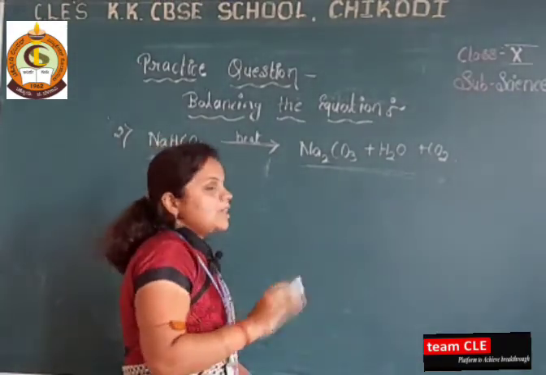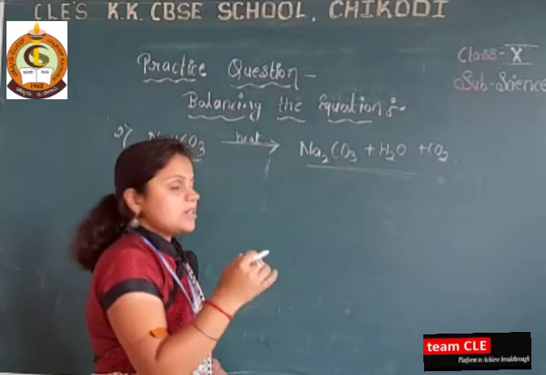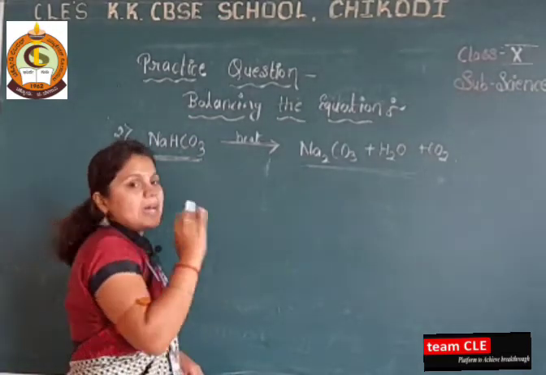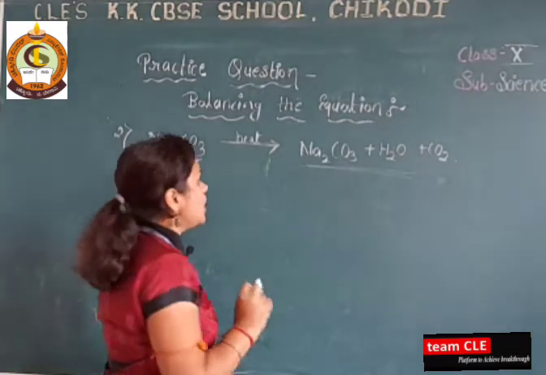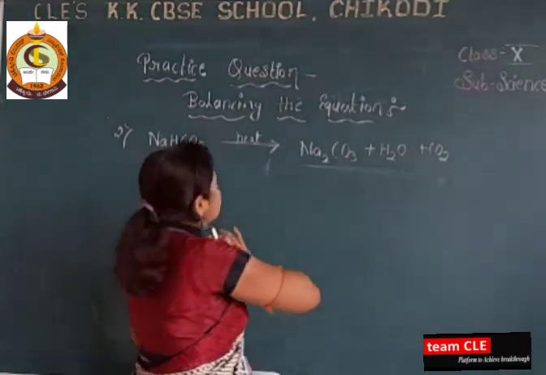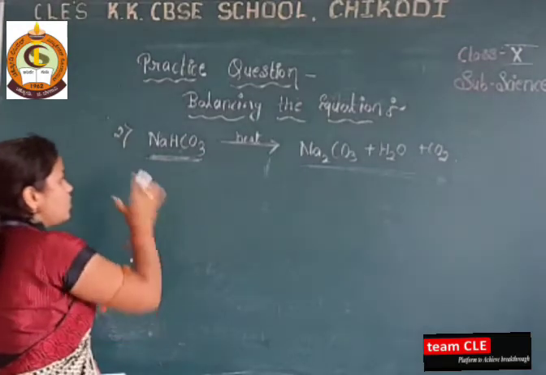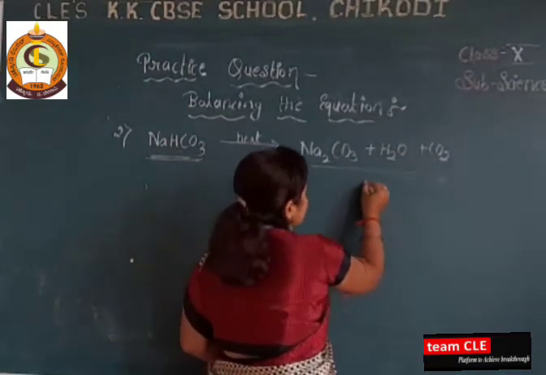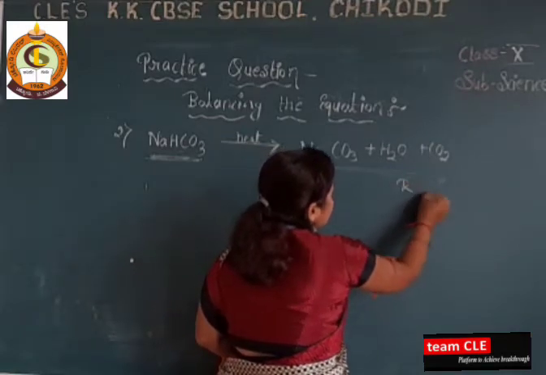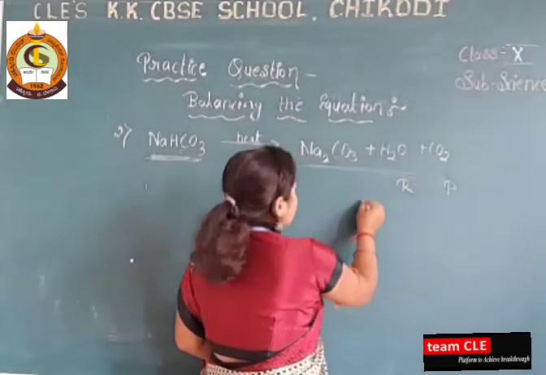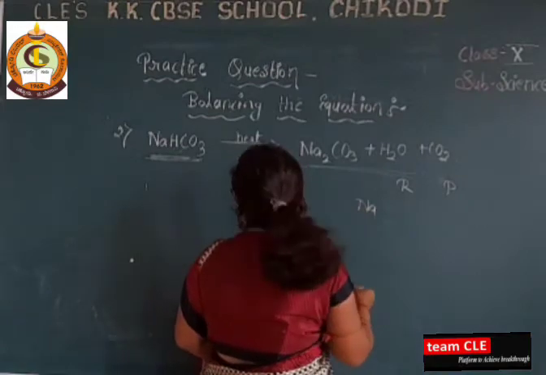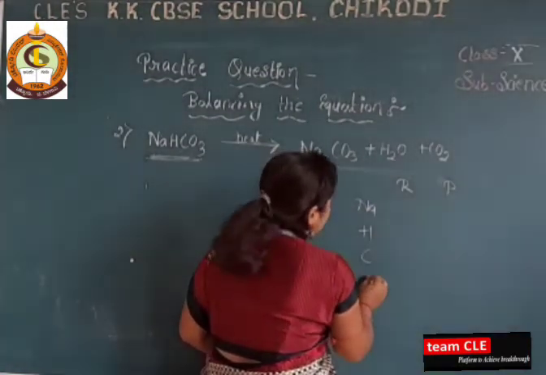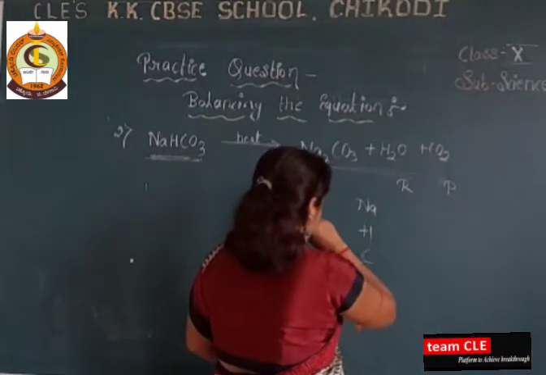We will learn this theory concept afterwards, but now what do we have to concentrate on? We only have to concentrate on balancing the chemical equation. Okay, so let's collect the number of elements present in both the reactant and the product form. So it is sodium, then hydrogen, then carbon, and then oxygen.